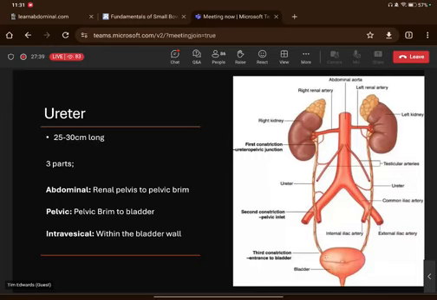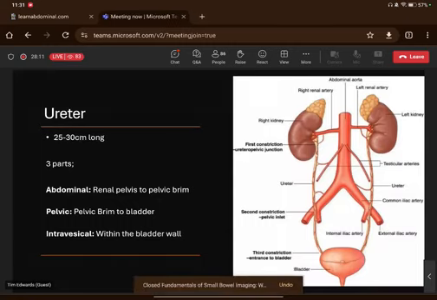ureter. Just for clinical relevance, there are three different points within the ureter where you might see pathology in terms of stones getting stuck, and that's where the ureter naturally constricts down. The first is at the pelvic ureteric junction. Those are the places to look for stones when you're looking at your CT-KUBs on call.